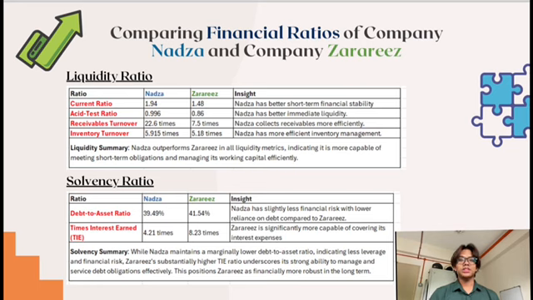From the solvency ratio, we can see that Zararis has a higher times interest earned ratio, showing it handles its debt obligations effectively, while Naza maintains a marginally lower debt to asset ratio, indicating less leverage and financial risk.